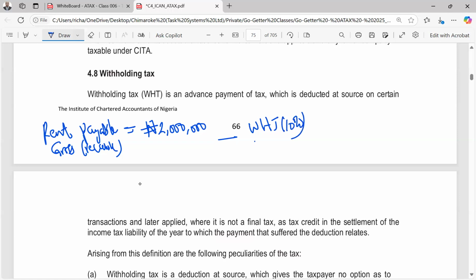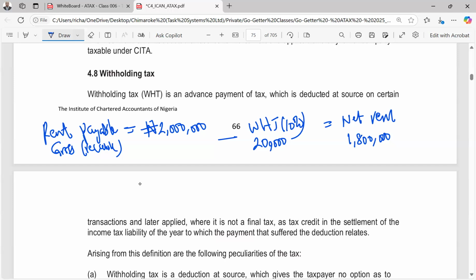So it means 200,000 is going out, and net rent is 1.8 million. This is on net rent, and 200,000 has gone, 10%.